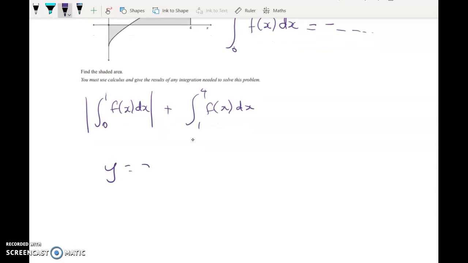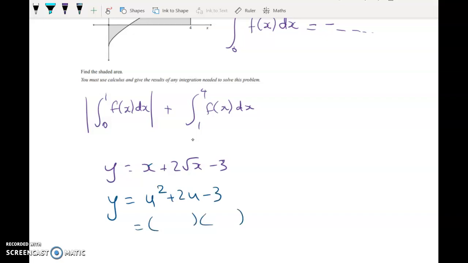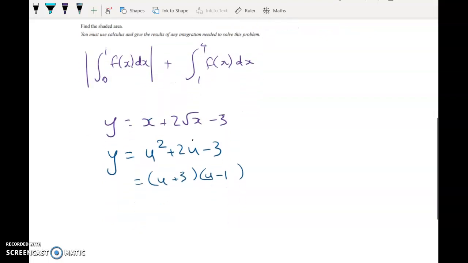So y is equal to x plus 2 root x minus 3. Now this is just a little disguised quadratic from level 2. I'm hoping that a lot of you will be able to factorize that straight away. But if you can't, you can rewrite it as y equals u squared plus 2u minus 3, and that factorizes really nicely. So we get u plus 3 and u minus 1.